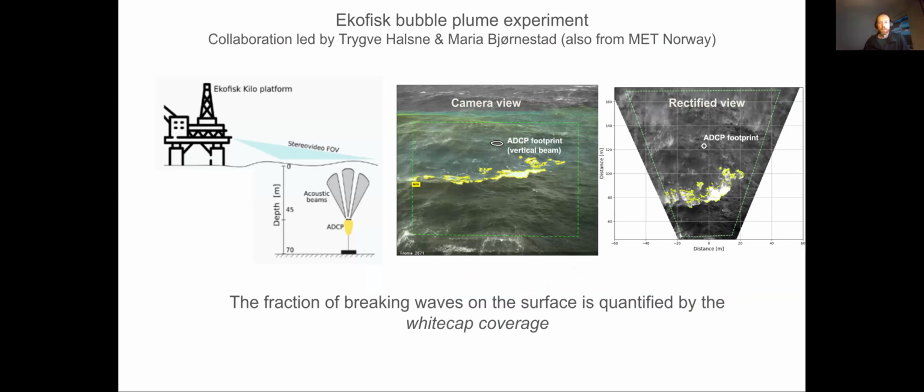In the middle, I'm showing the camera view, and on the right, the rectified view, looking straight from above. We're also using pixel thresholding to identify the whitecaps in the raw stereo camera frames. And we use these whitecap estimates to try and compare the whitecapping that we see on the surface to the bubble plumes that we see below the surface using the ADCP.